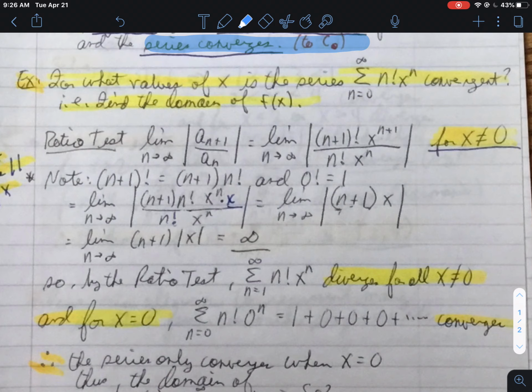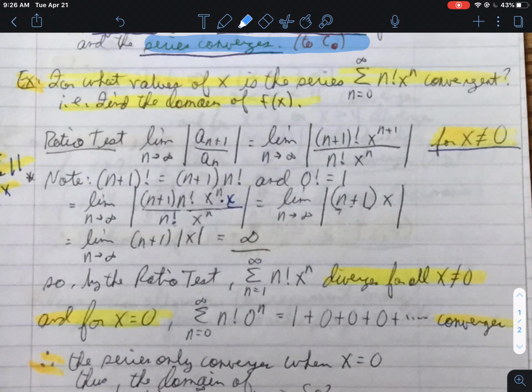Because we can actually then set up an inequality that we can use to find the values of x. Because ultimately, again, that's what we're interested in, right? This is a variable series, it contains a variable. So it's going to be convergent for some values of x and divergent for other values of x. And that is what is up for us to determine. So we're going to use ratio test.